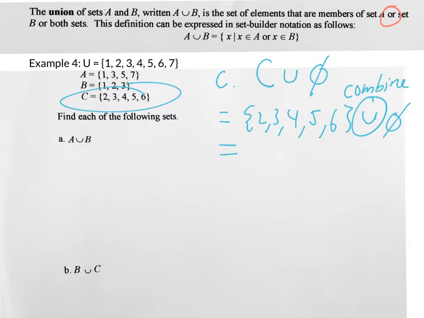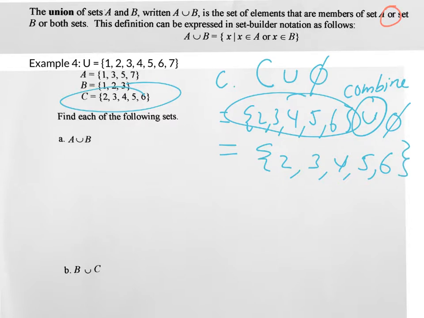The problem is that the empty set has no elements in it whatsoever, so the empty set contributes nothing when it's a union U. So when I combine the sets together, I still get back 2, 3, 4, 5, and 6. And the empty set, I might as well ignore it with union U, which was totally different than when I intersected with the empty set.